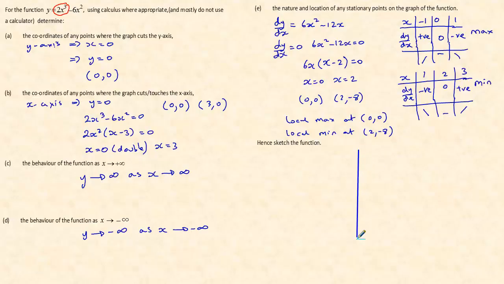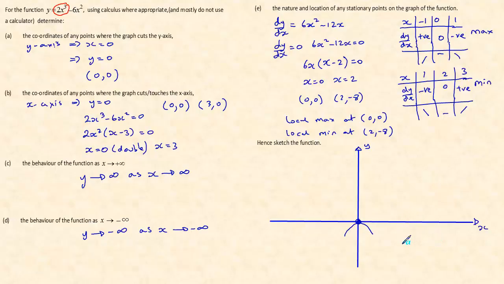So, if we want to sketch this, then we know that we have an x-intercept and a y-intercept here at the origin. We know it's a double root, but that's confirmed by the fact that we know we have a local maximum here, so it's going to have a maximum just here.